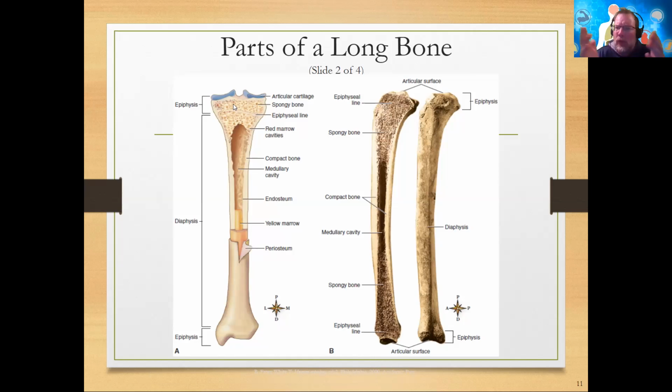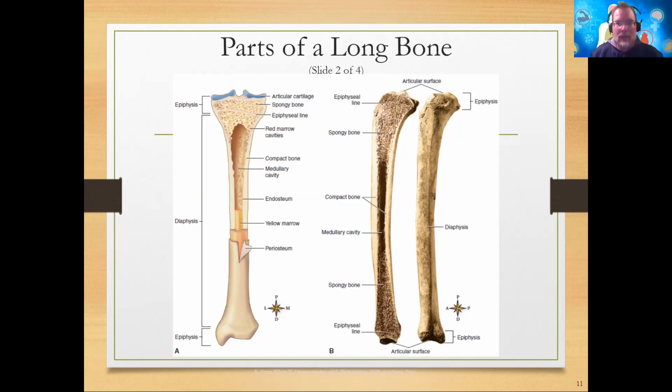Now, let's look at this. We have a distal epiphysis down here and a proximal epiphysis up here. This is one of the many reasons why we went through proximal and distal, and here's a really fine example of why it's helpful to know the difference between them. So when we start discussing the proximal end of this bone or the distal end of that bone, we're not having to reinvent the wheel. Right away, if we say proximal end of a bone, we're talking about a long bone. We generally only see proximal and distal on arms and legs, which happen to be long bones.